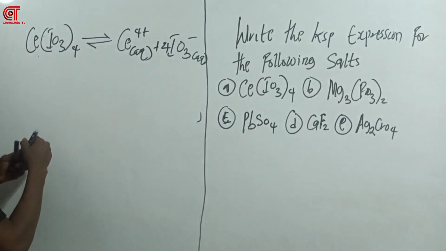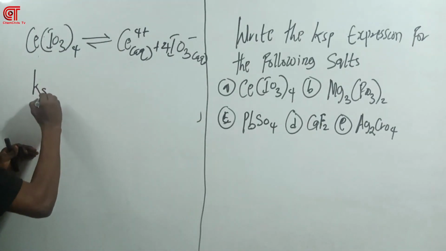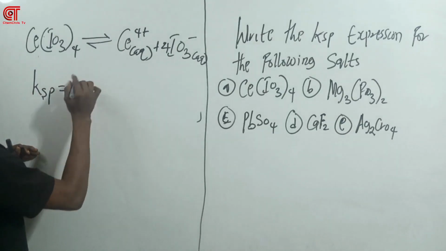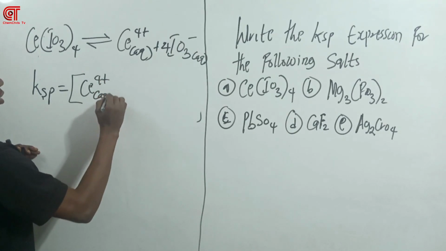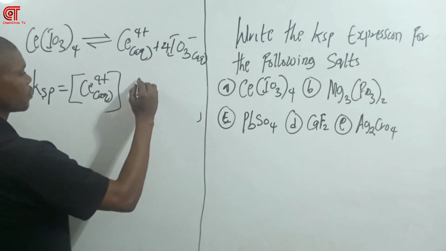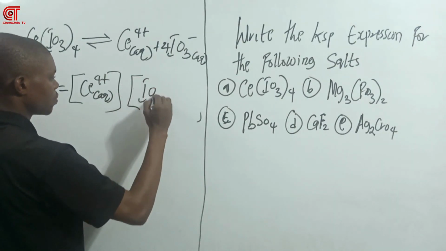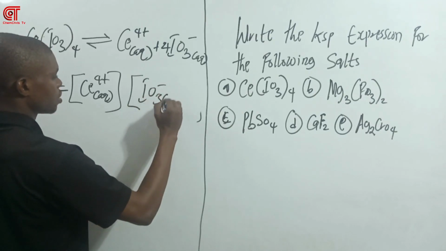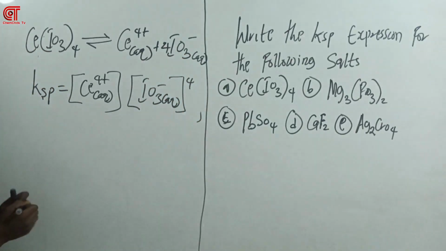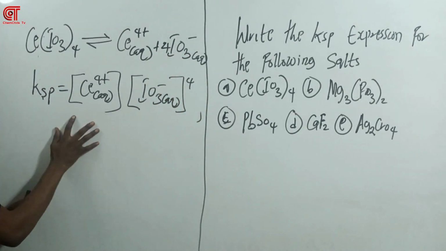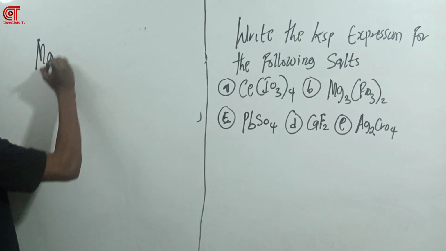So if you want to write the Ksp expression here, Ksp equals the concentration of Ce4+ aqueous, times the concentration of O3 minus aqueous to the power 4. Yeah, so this is the Ksp expression for this salt here.